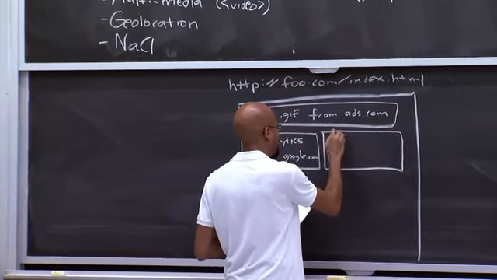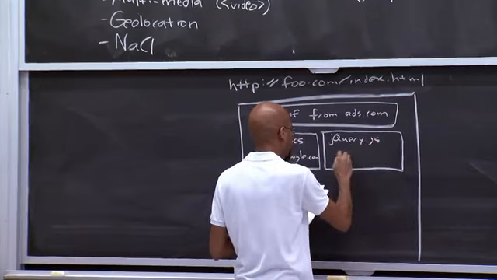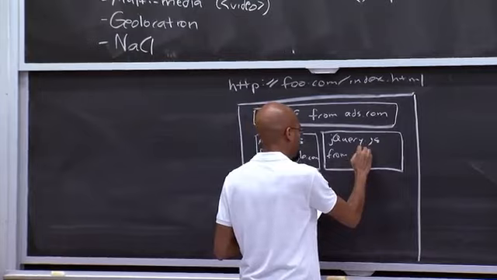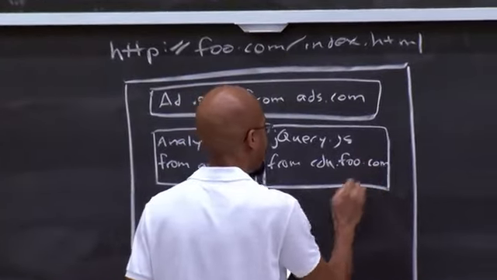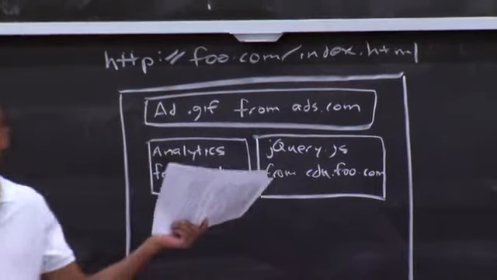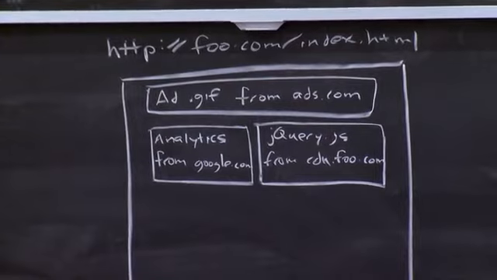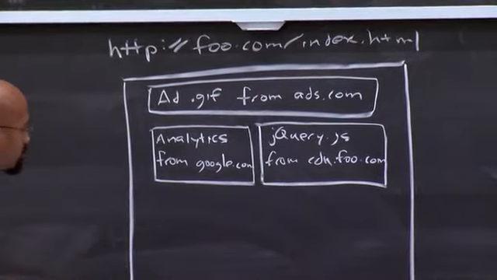Let's say it's jQuery. And maybe that comes from cdn.foo.com. So some content distribution network that foo.com runs. jQuery is a very popular library for doing things like GUI manipulation, things like that. So a lot of popular websites have jQuery, although they serve it from different places.